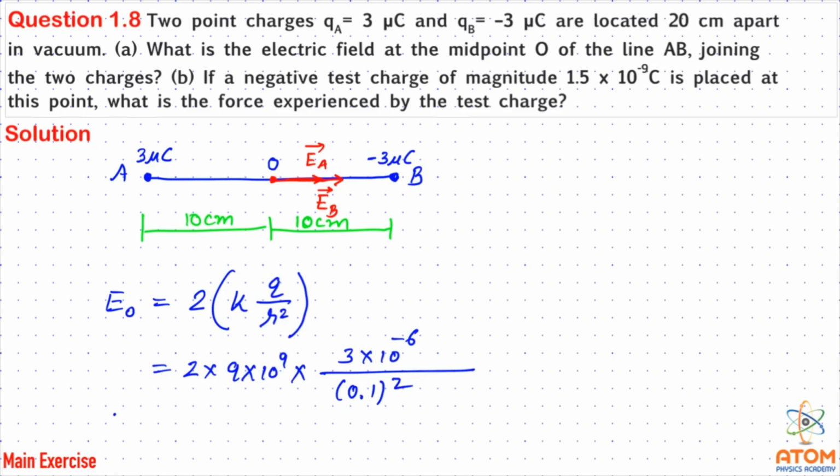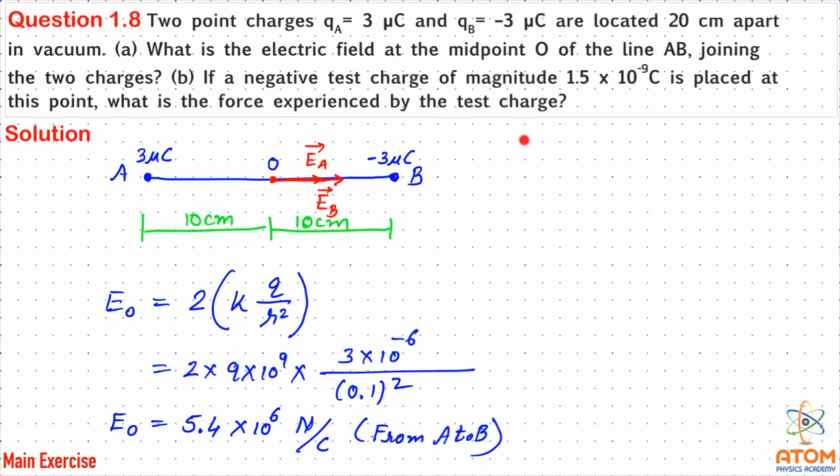So finally we will get the electric field EO, that will be equal to 5.4 into 10 raised to plus 6 Newton per coulomb, and the direction will be from A to B. You can see this. The resultant electric field will be obviously from A to B. That's why here I written A to B.